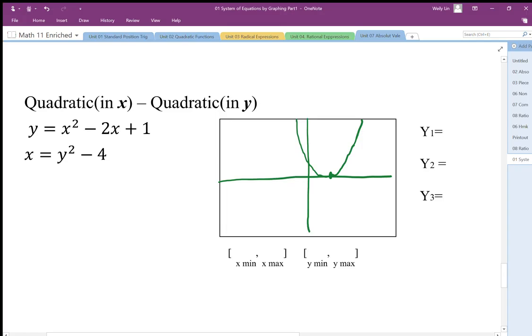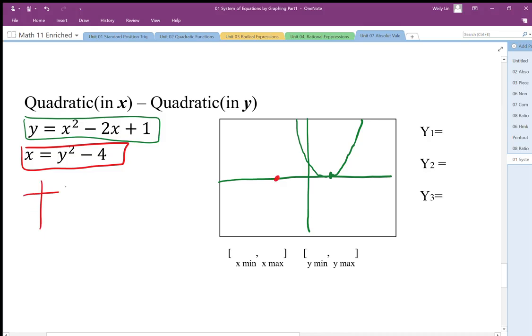And this being a quadratic in y, all we've really done is switch x and y. So instead of facing up with a y-intercept of -4, this is facing sideways with an x-intercept of -4. So we're just switching the x's and y's, and then drawing it with when x is 0, and if you want, you can make a table of values.